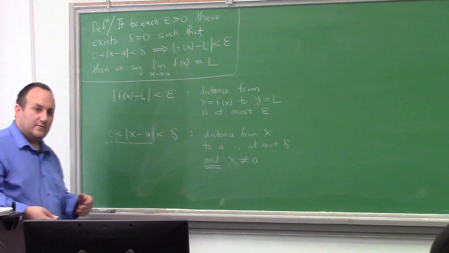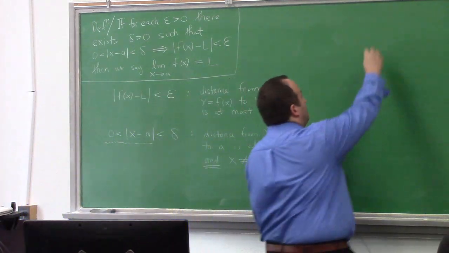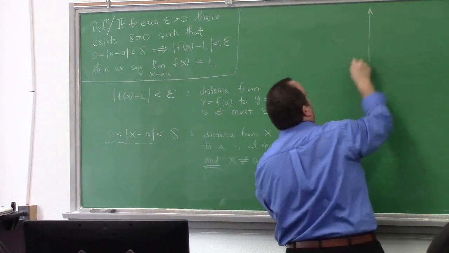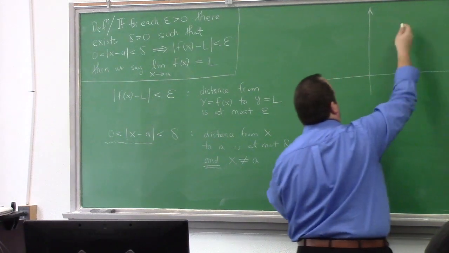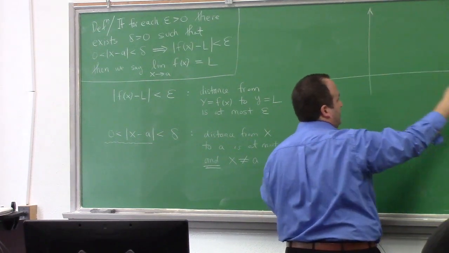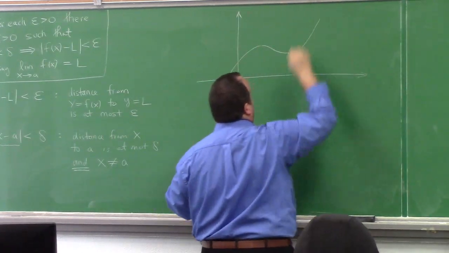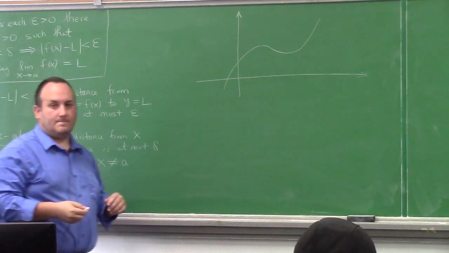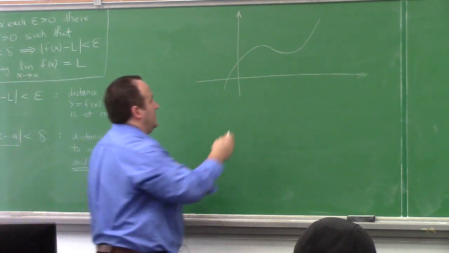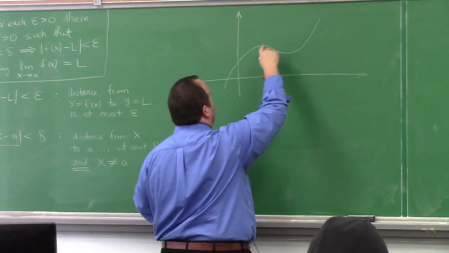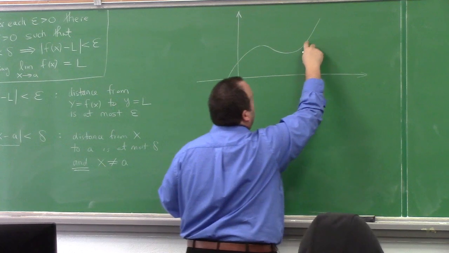So, if we want to make a picture of what's going on here, this is not a function, this is just an axis so far. But if the function looks like that, and maybe the point doesn't have to be in the domain, so it could be, say, here.